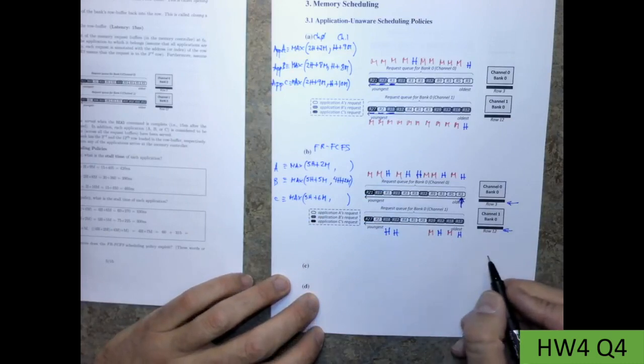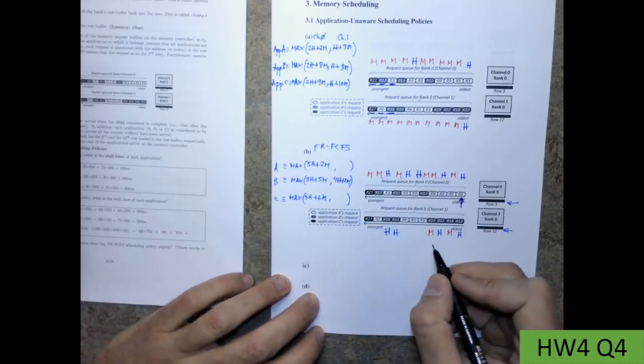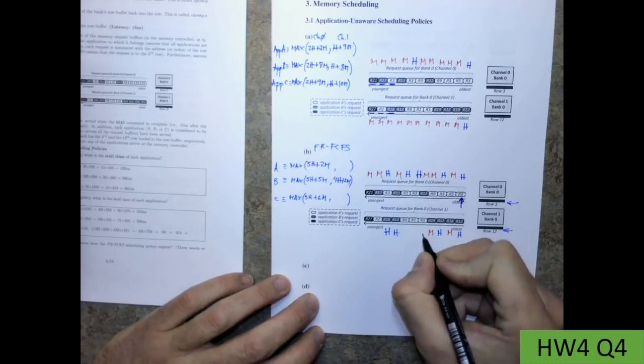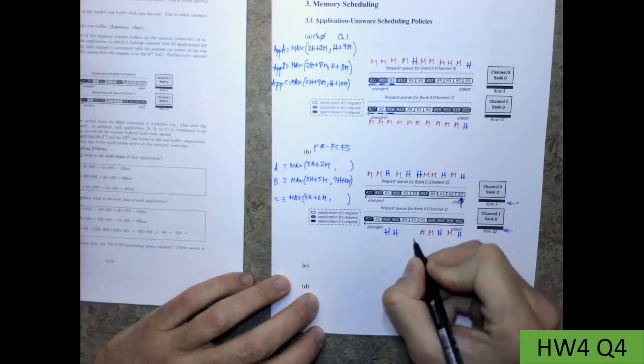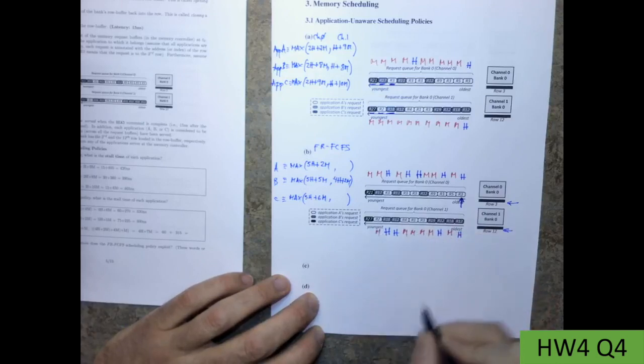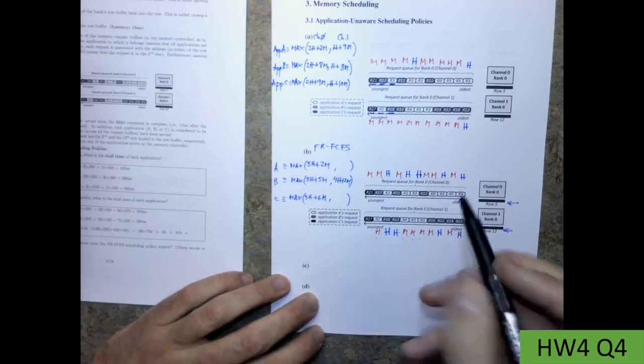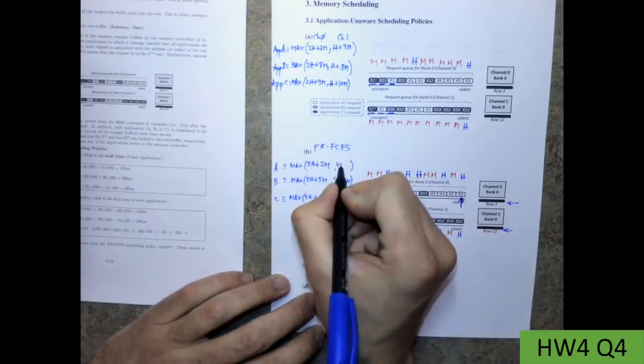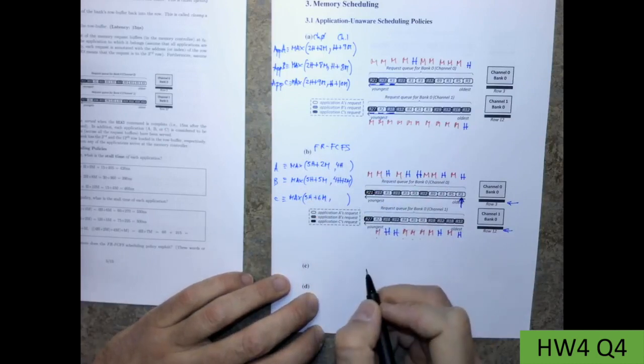Next request in the queue is to R3 from application A. So this is a miss. Row 1, again a miss, miss. And the final one is R2. So we are adding 4 more misses for application A to finish.